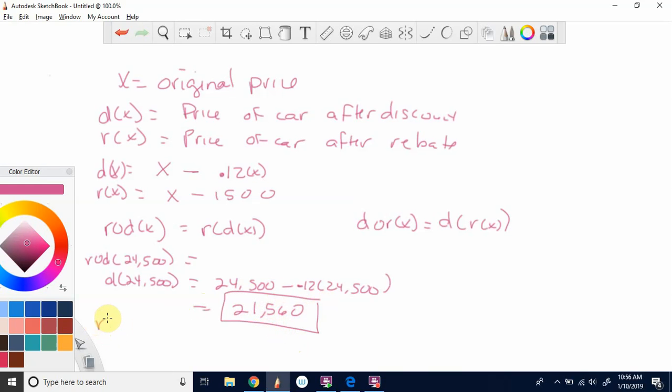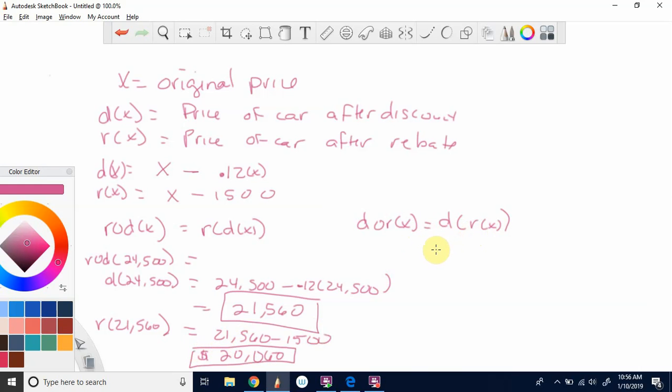Now we have to do R of 21,560 because now we have to do the rebate. And that's going to be what? 21,560 minus 1,500. When you subtract that, we get $20,060, which is what his cost is if he does the discount first and then the rebate.